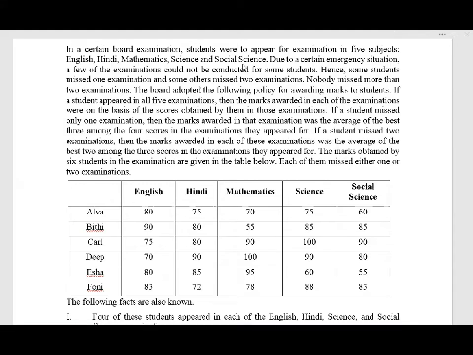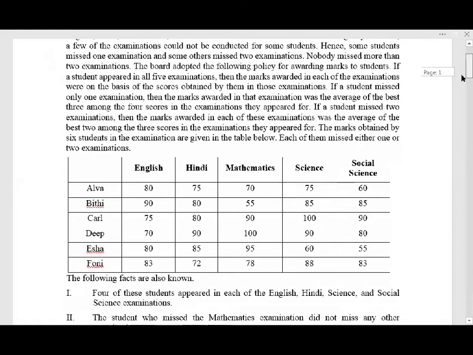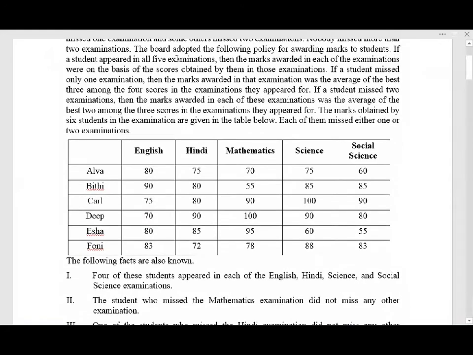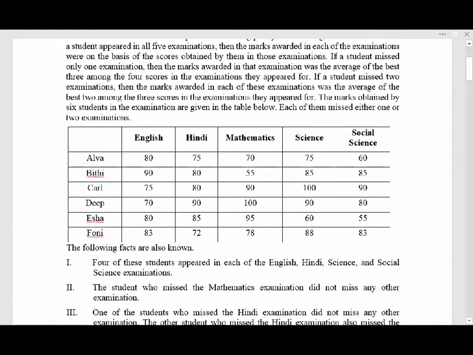Outcome of missing 1 exam. Let me scroll it up a bit. Missing 1 exam, then the marks awarded is the average of the best 3 among the 4 scores he appeared for.